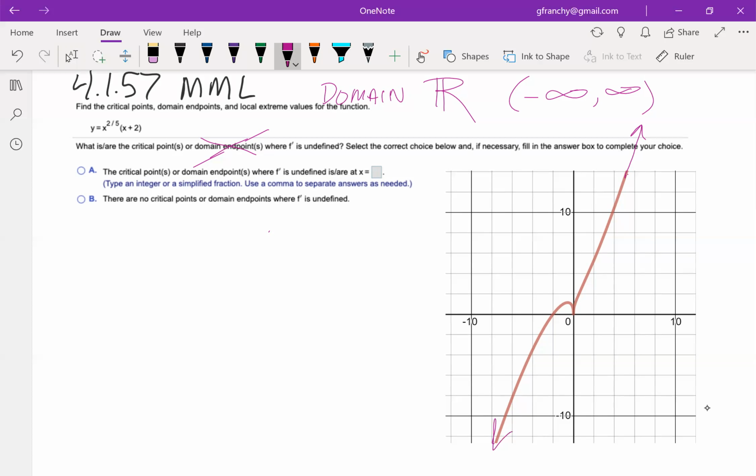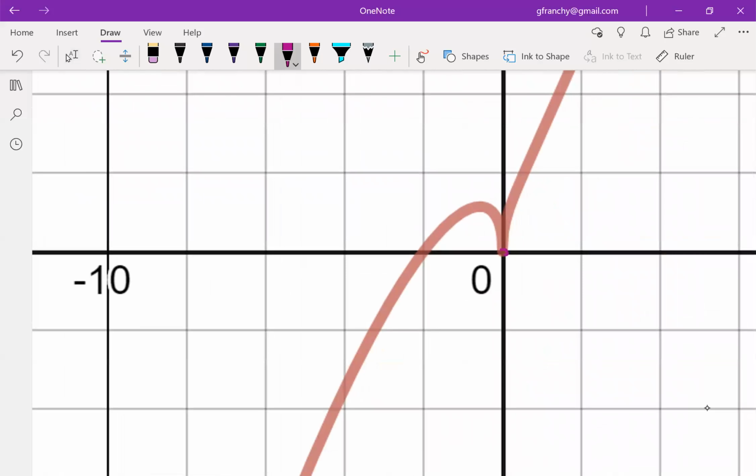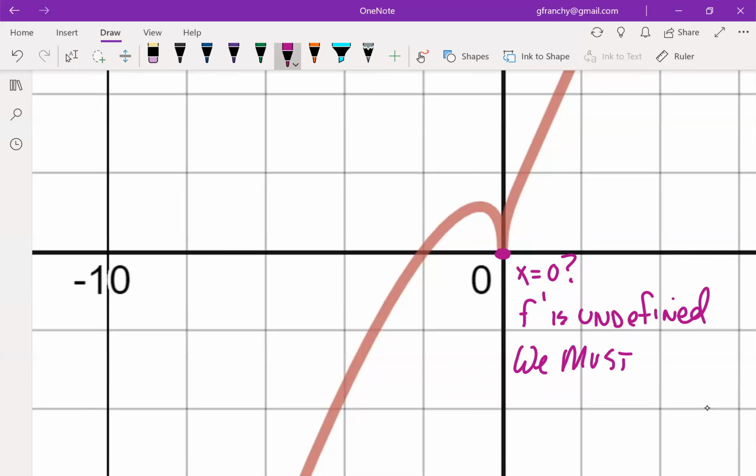But what's of interest in our graph here is that around what looks to be x equals 0, it looks like the derivative is undefined. However, we must confirm this.